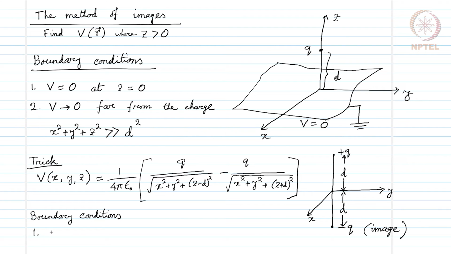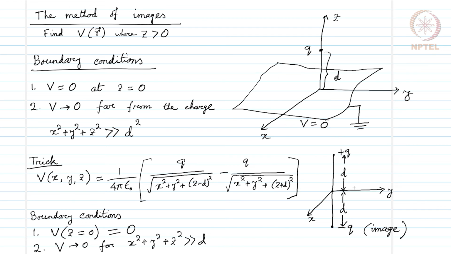Boundary conditions are V at z equals 0, that is on the xy plane, equals 0, and the second boundary condition is V tends to 0 for x square plus y square plus z square much greater than d. Everything is satisfied here, and the only charge in our region of interest, that is z greater than 0 above this xy plane, is the plus q charge.